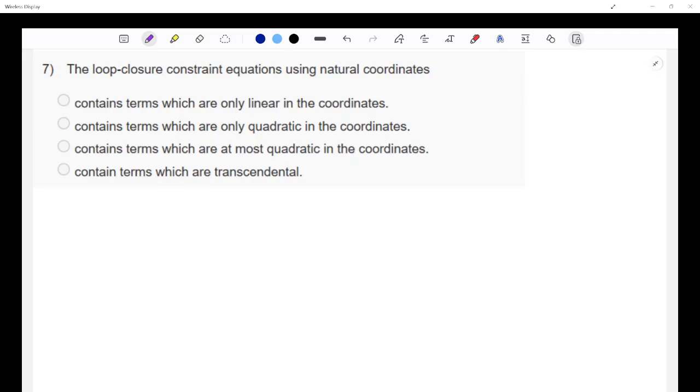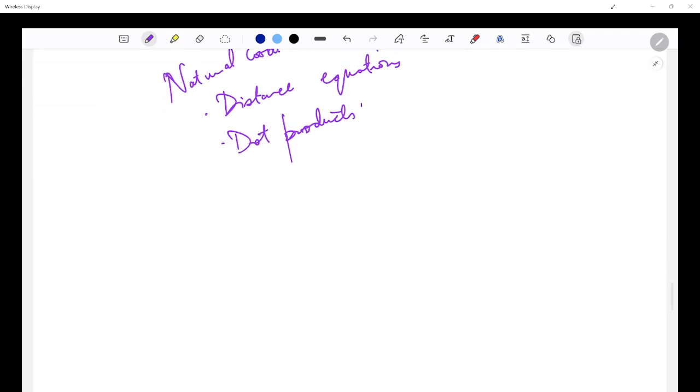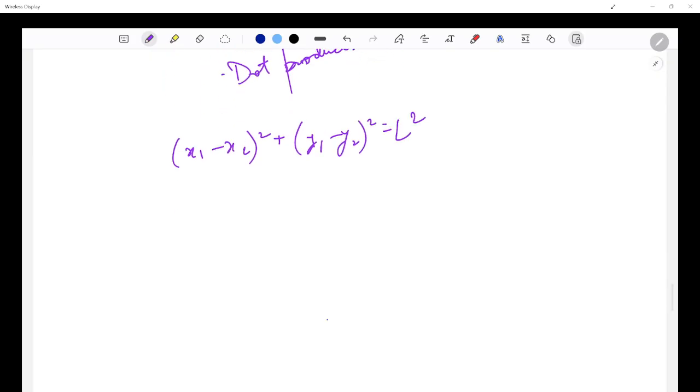So when we use natural coordinates, we are talking about constraints written using distance equations and also dot products. An example of a distance constraint is (x1 minus x2) square plus (y1 minus y2) square is equal to L square. This is quadratic.